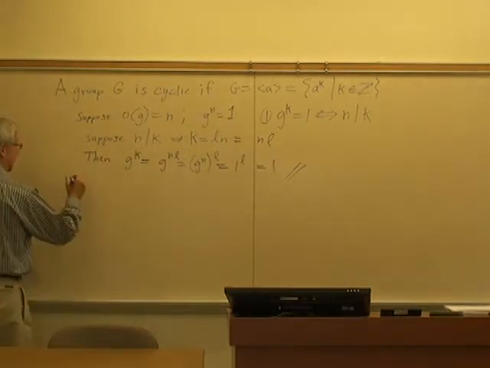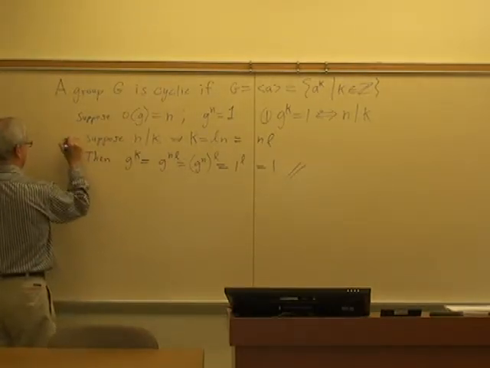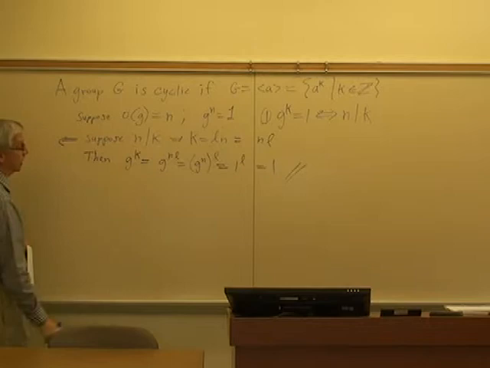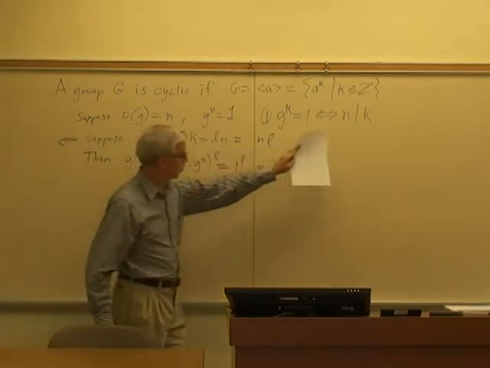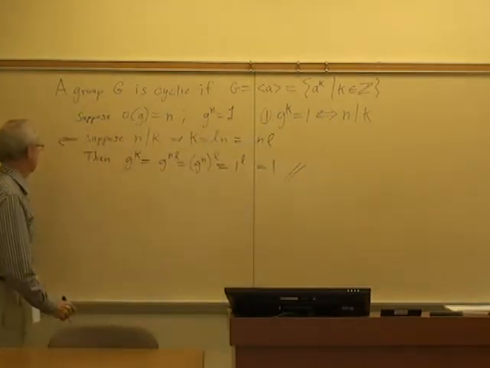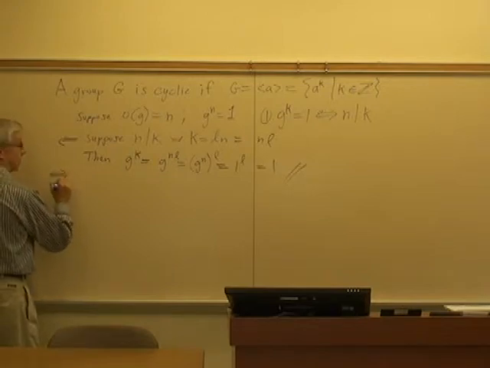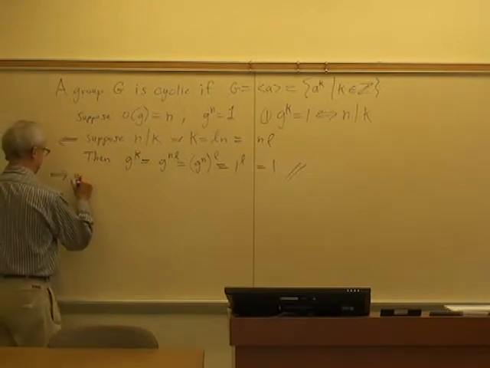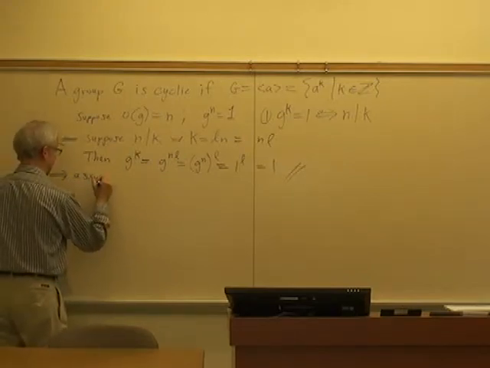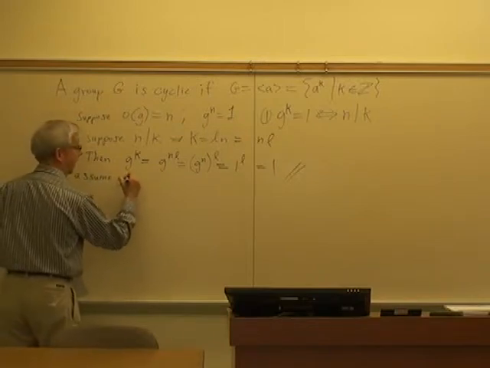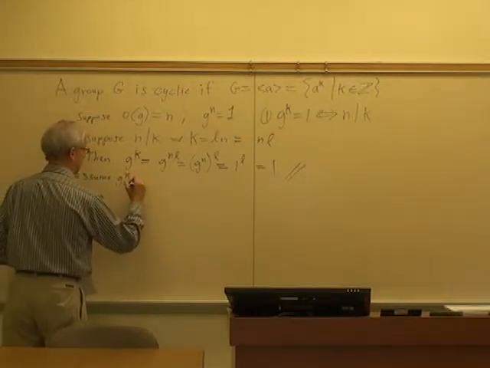And they go the other way. So we'd say this is that way of my if and only if. Assume this side and show that side. And going the other way, we assume, this was the more subtle one, that g to the k is 1.